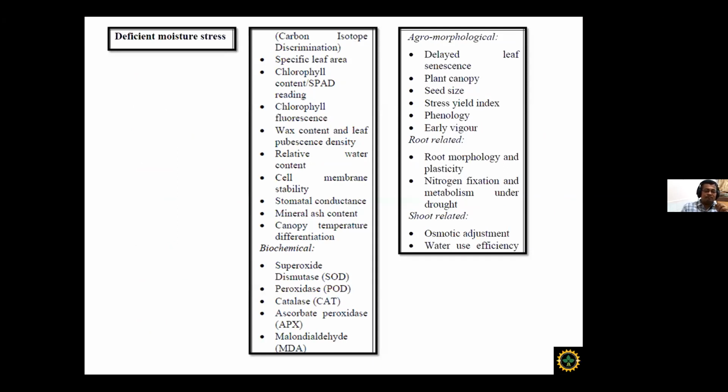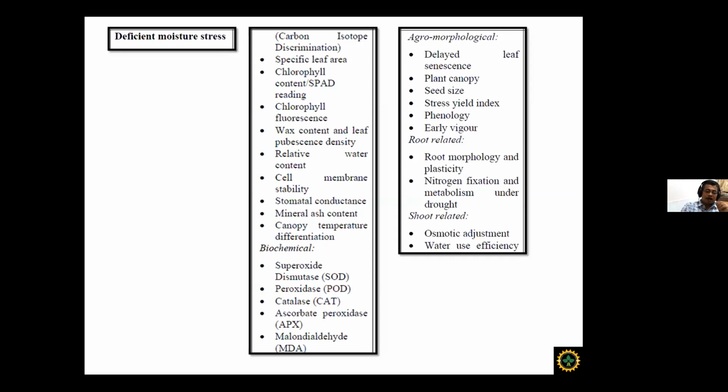It is very difficult. The very first thing is that selection of the trait is very important, and from the breeder's point of view, the trait should be such that it can be measured efficiently, very precisely and very rapidly, so that a large number of populations and germplasm can be screened at a particular growth stage within a given period of time.